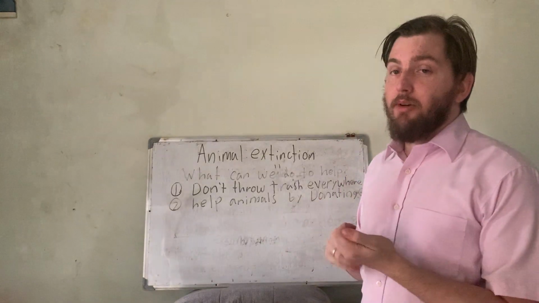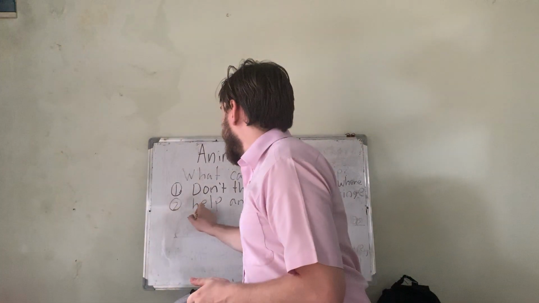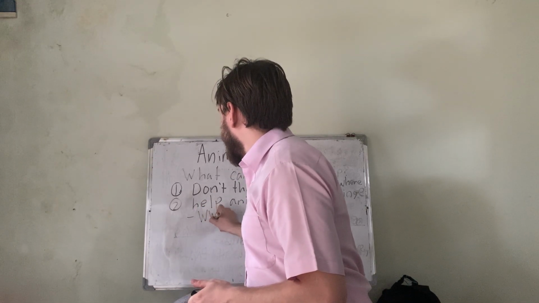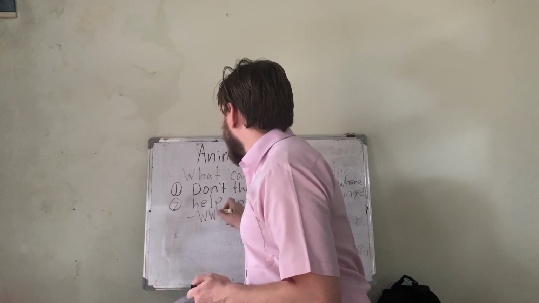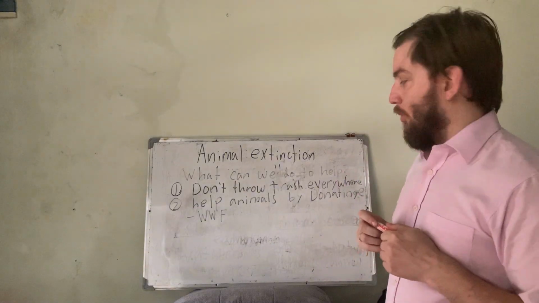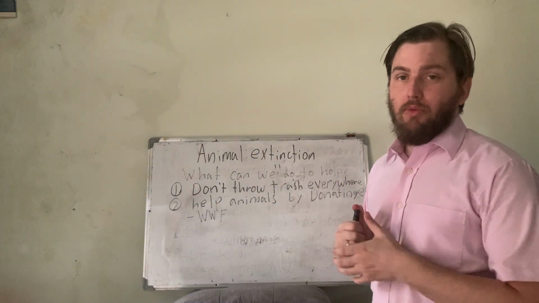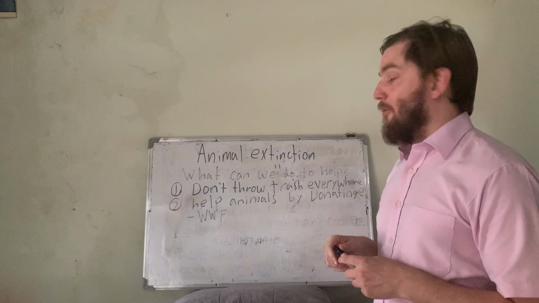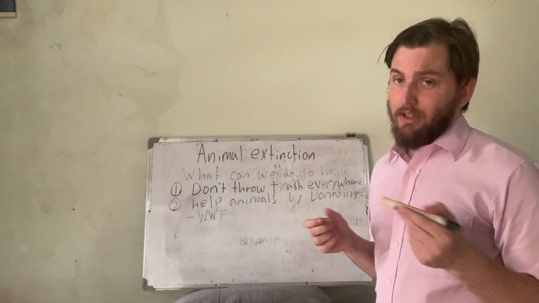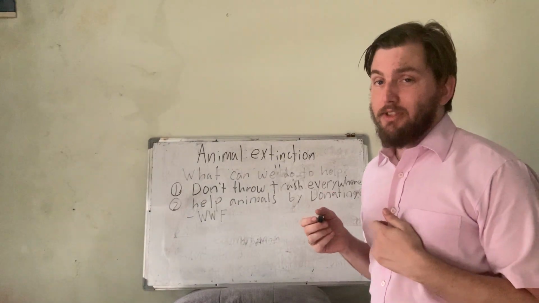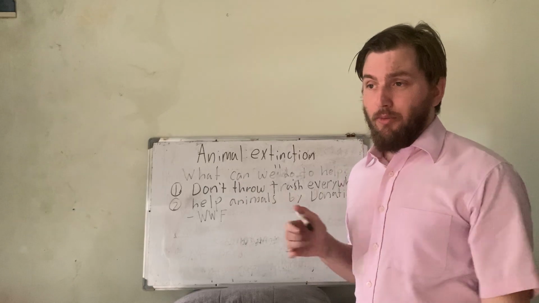Yes. So the WWF, the World Wildlife Foundation. That one we give the money to. That would help. They help save some of those animals in the wild where they're being hunted.